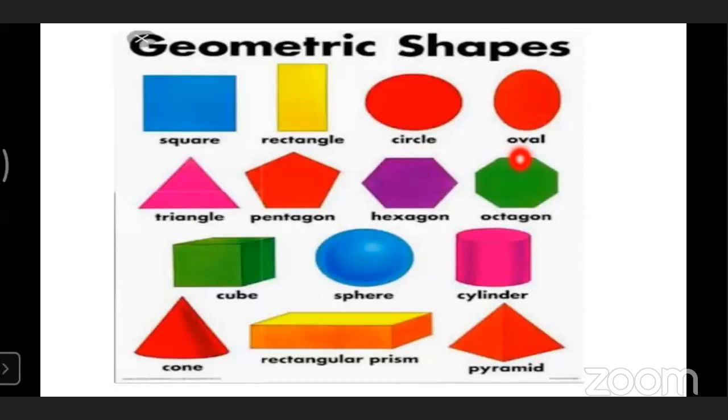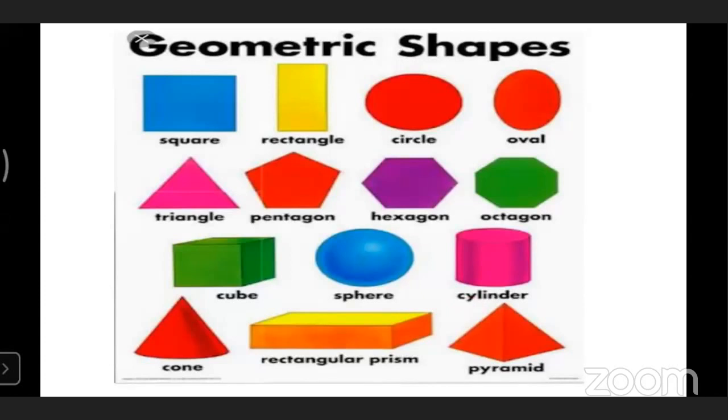This one is oval. This one is triangle, pentagon, hexagon, octagon, cube, sphere, cylinder, cone, rectangular prism, and pyramid. So these are the geometrical shapes.